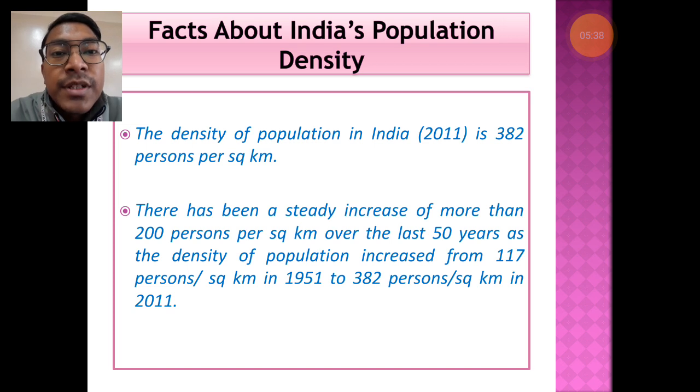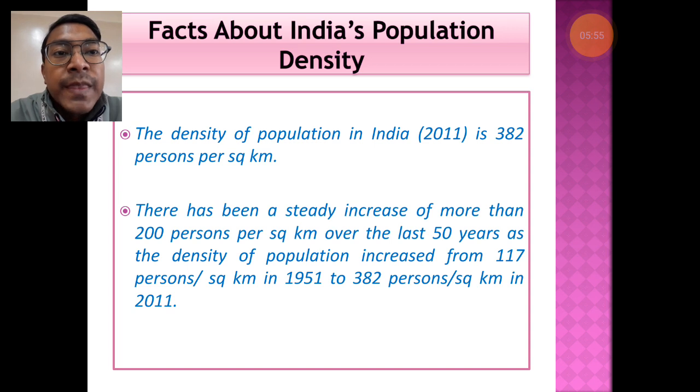But there is a variation from one state to another in terms of density of population, because the population is not evenly distributed. Because of this, there is a huge variation in the density of population within our country.